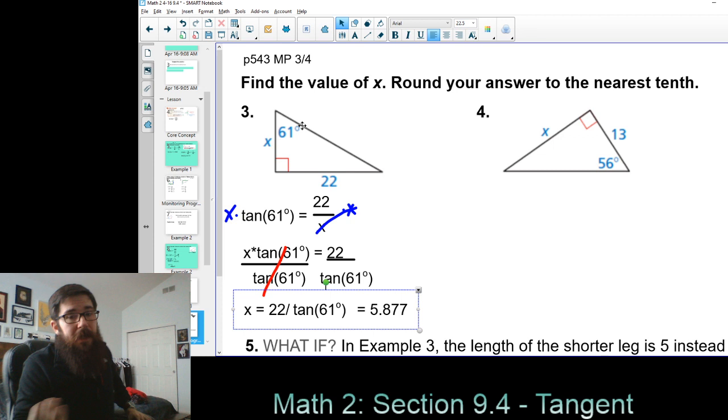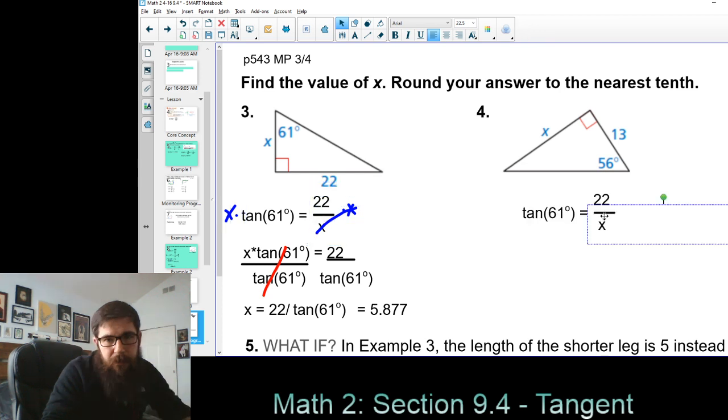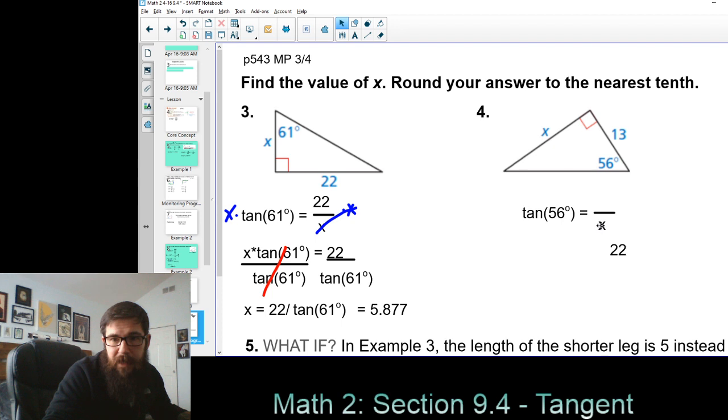If we now pop over to number 4, get rid of some of these other pieces here. We've got, in this case, tangent of 56 now. The opposite side here now is the x. The x is the opposite side, and the adjacent side is 13.